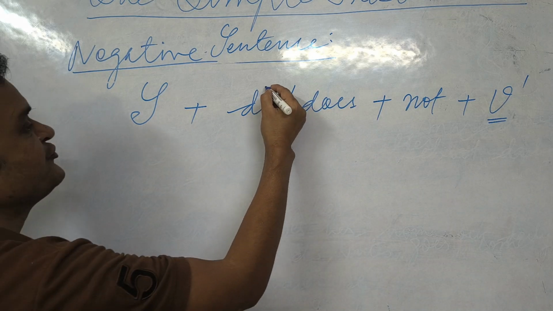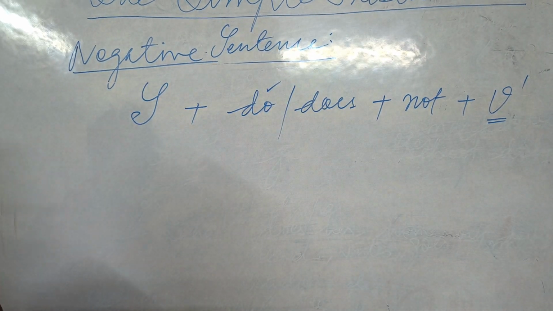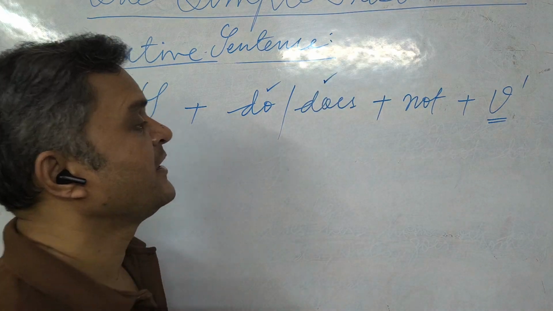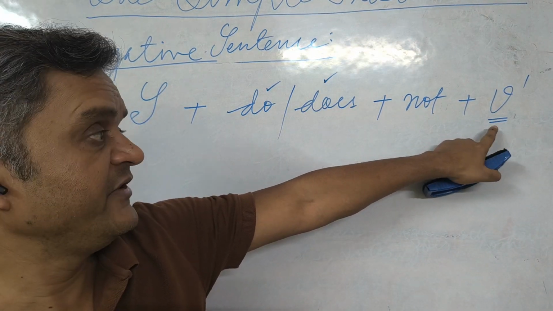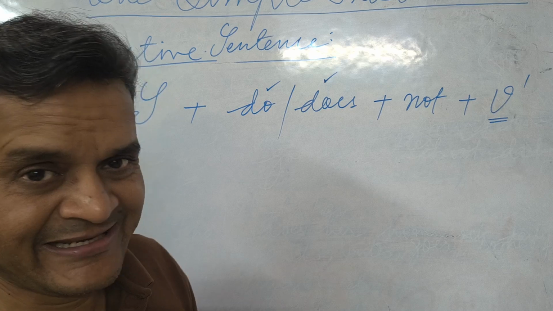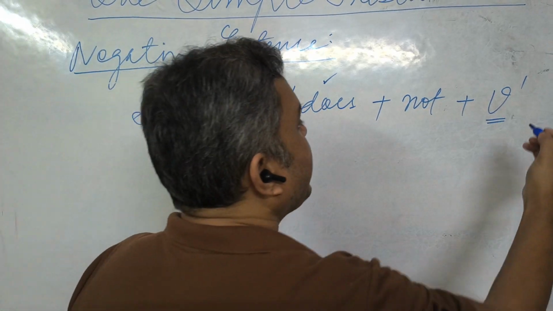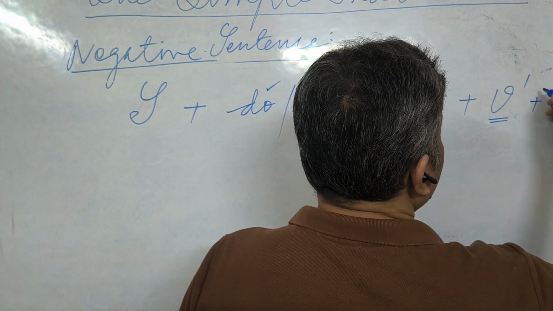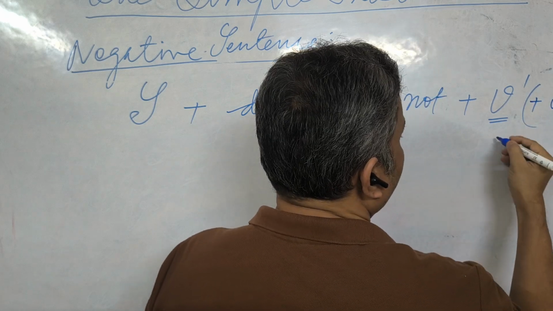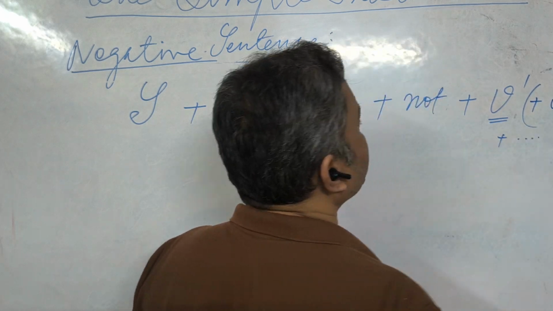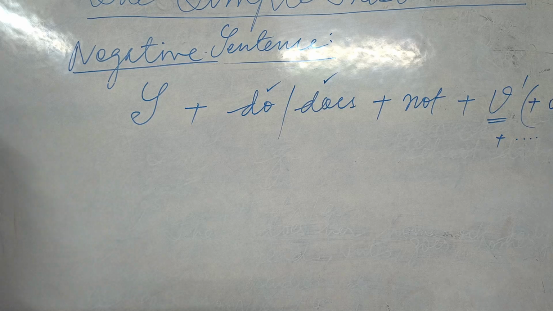Once we have used do or does, we will use the V1 form only, not the V5. And again, if required, we will add the object and other words as well.